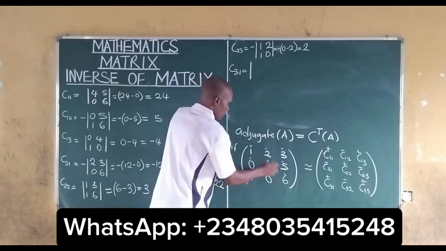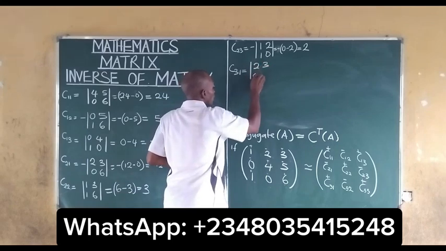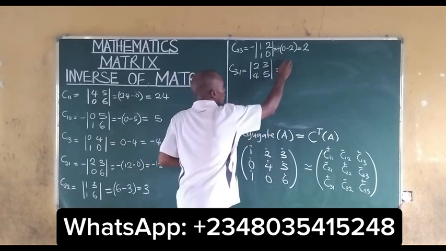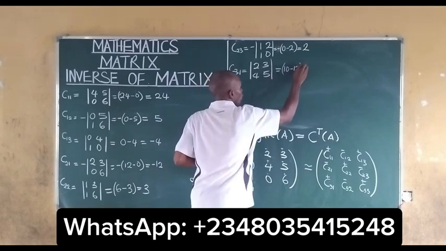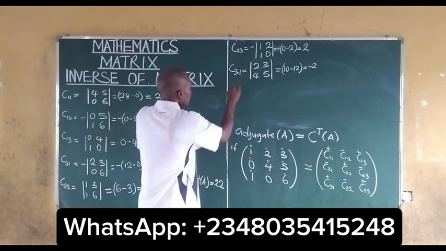We have 2 3 4 5, which is equal to 10 minus 12, which is equal to minus 2.